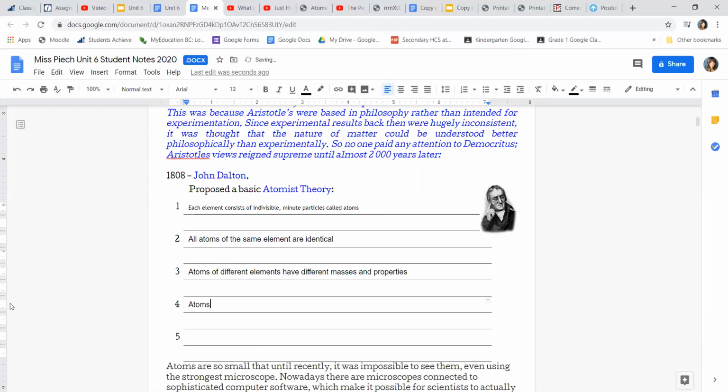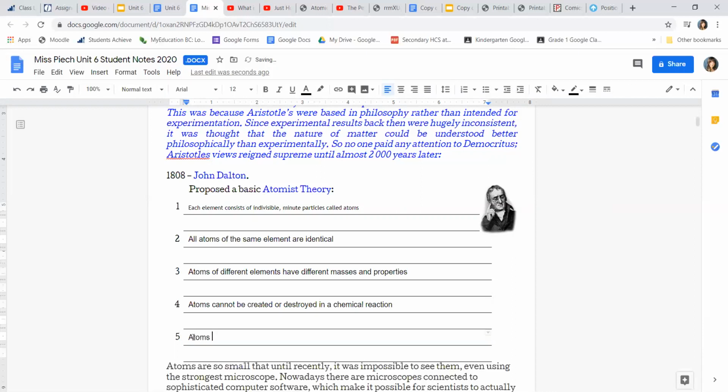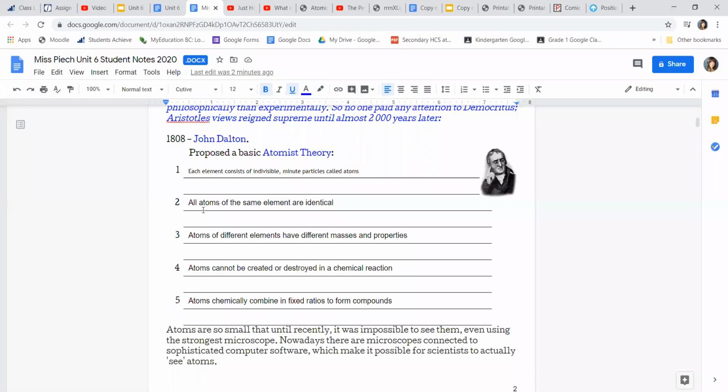And then we have atoms cannot be created or destroyed in a chemical reaction. Last one we have is atoms chemically combine in fixed ratios to form compounds. All right, so this is going to be the premise of the basic atomic theory.